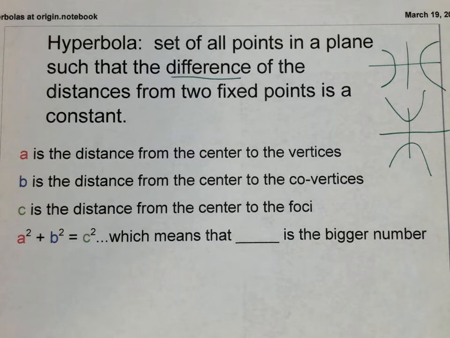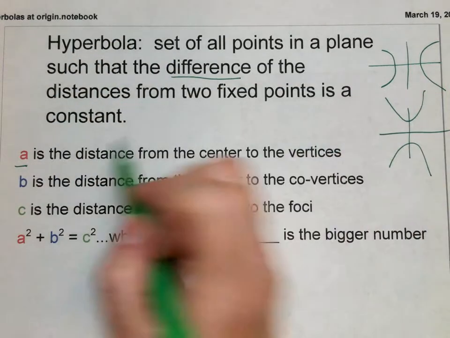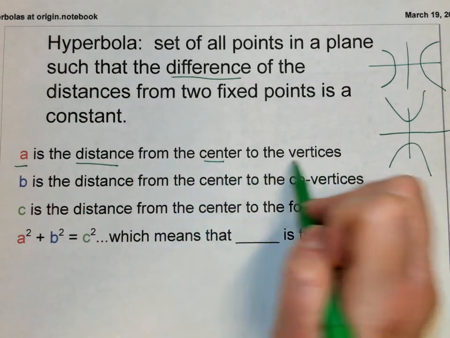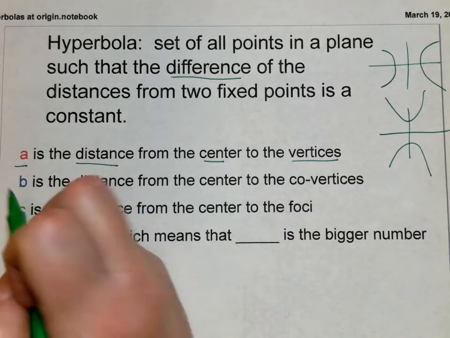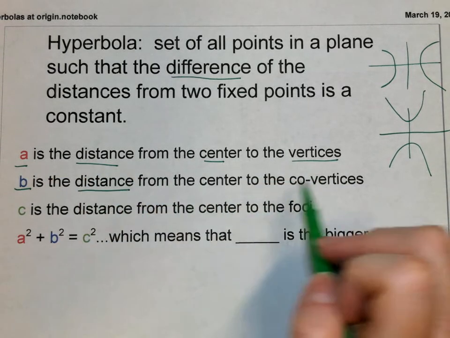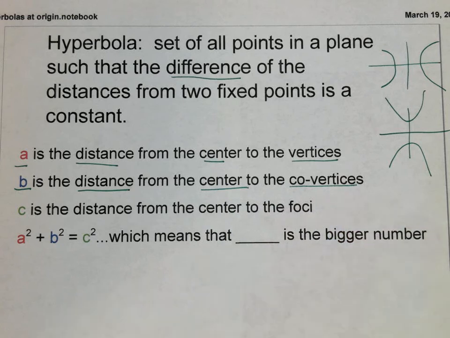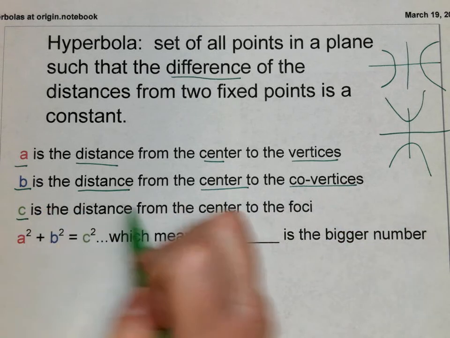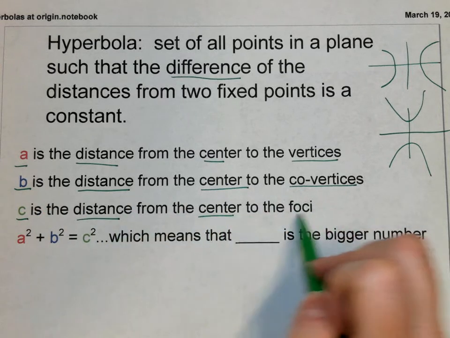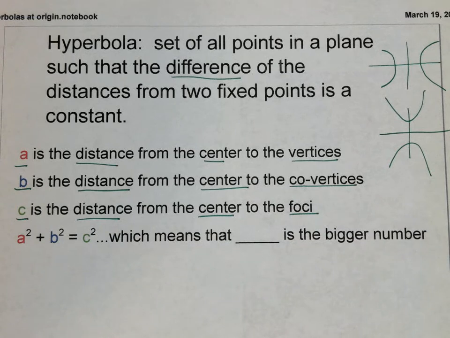Okay, so here are the definitions. Now remember, these did not change. A is still the distance from the center to the vertices. B is the distance from the center to the co-vertices. And C is the distance from the center to the foci. Here's where it gets a little different.